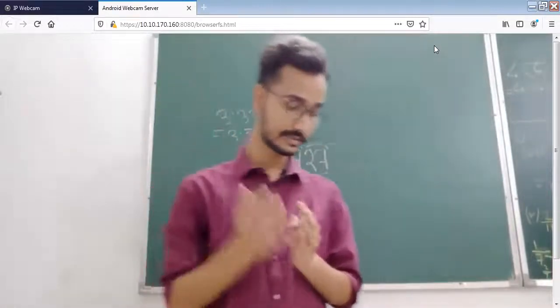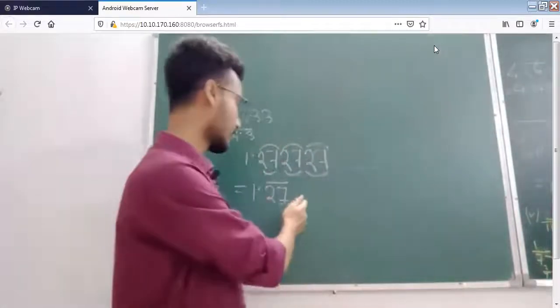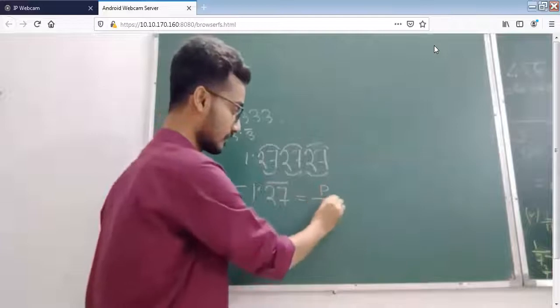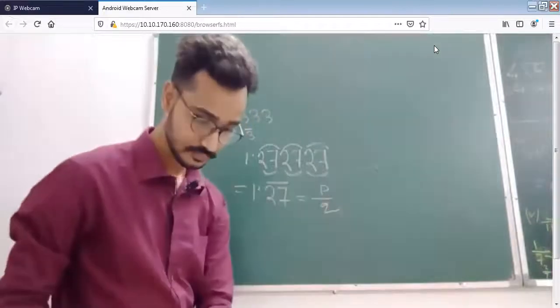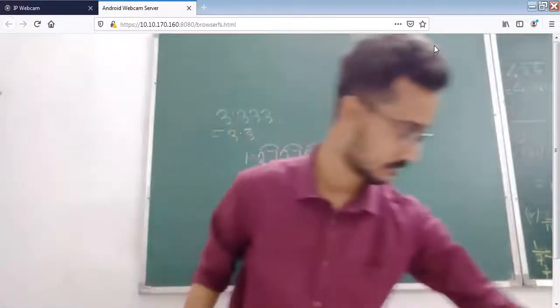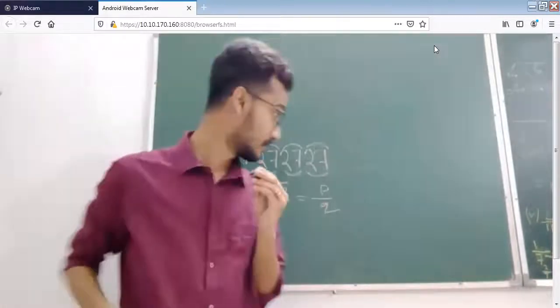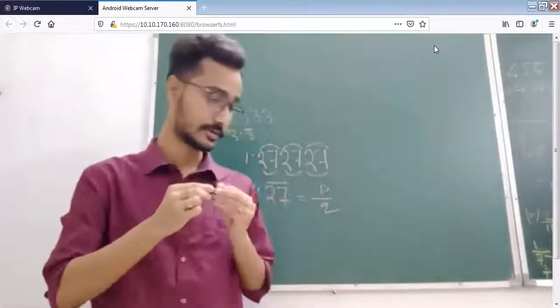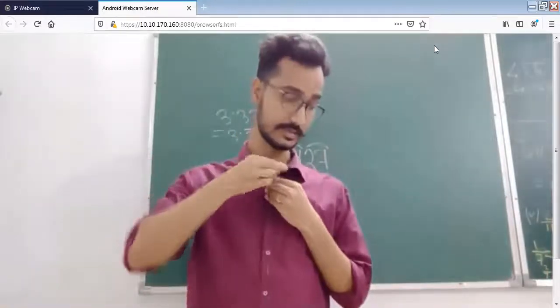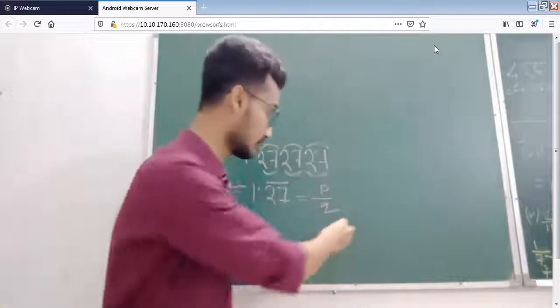The question says that we have to show that 1.27 bar we can express in the form of P by Q, where Q does not equal 0. That means it is a rational number.